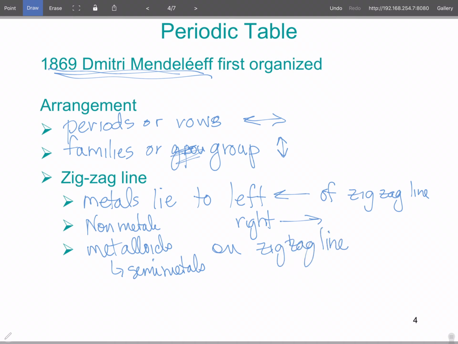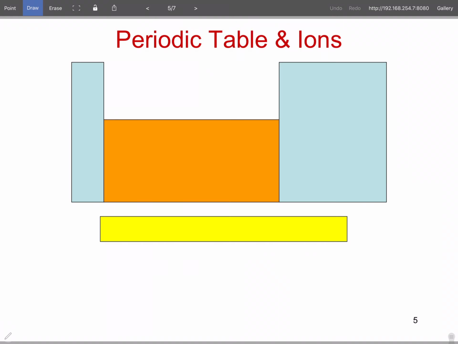So why is that important? Because they act differently. Metals are the main class, then nonmetals, and then metalloids have some properties of metals and some properties of nonmetals. So if we look at our species, you'll notice they're color coded.